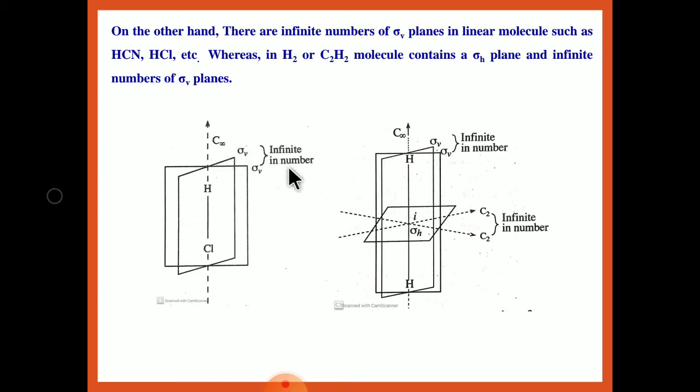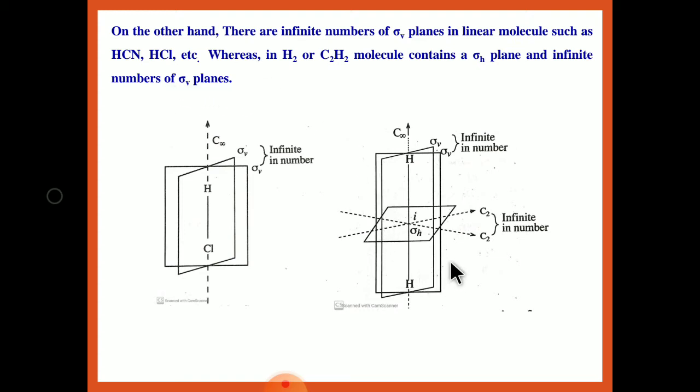Therefore, an infinite number of planes are passing through the linear HCl molecule. Whereas H2 or C2H2, that is the ethyne molecule, contains one sigma h plane and an infinite number of sigma v planes.